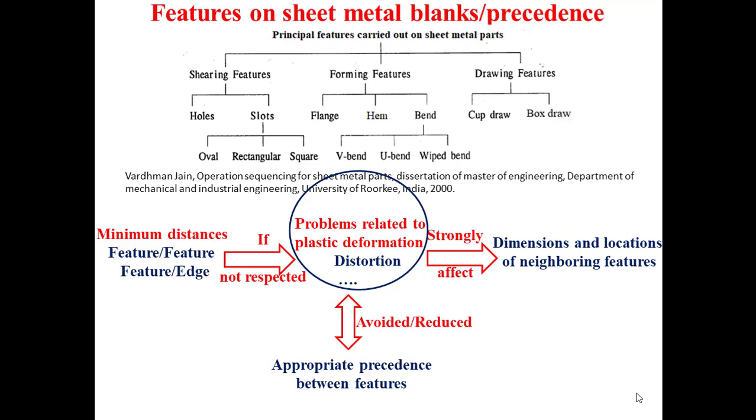This appropriate precedence will permit to minimize the plastic deformation problems induced by the carrying out of one feature on the neighboring ones. It has the need for some suitable sequencing rules permitting to ensure this appropriate precedence.